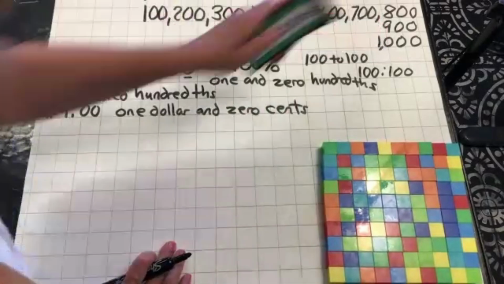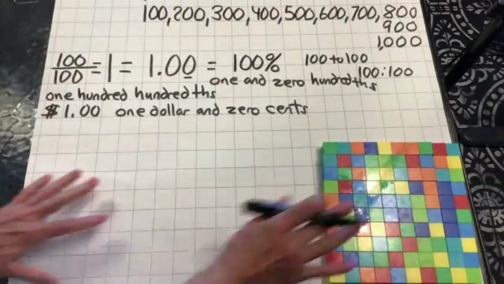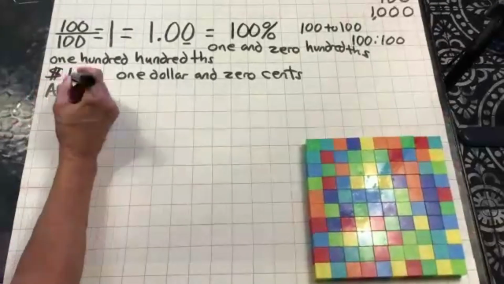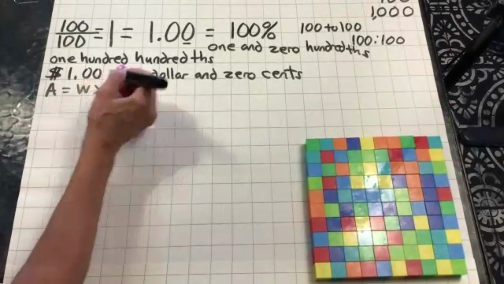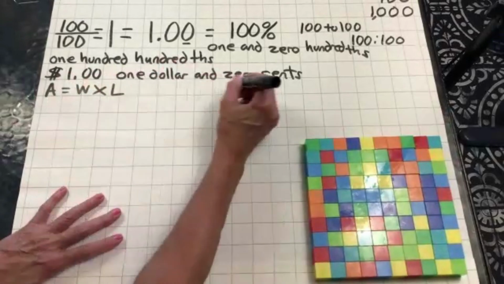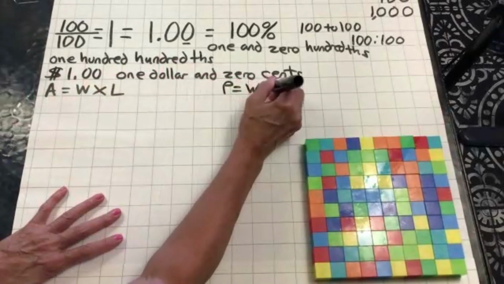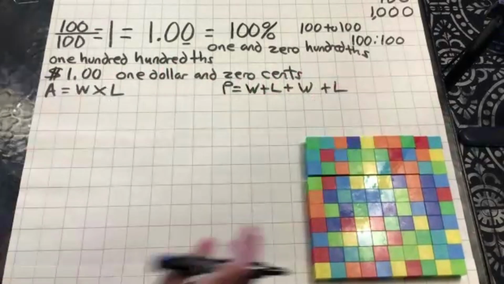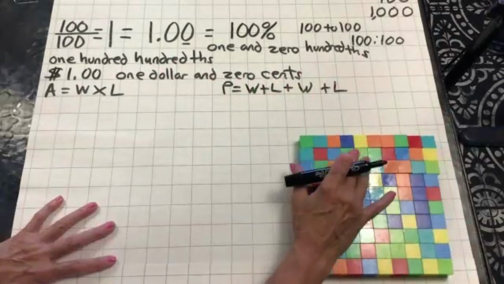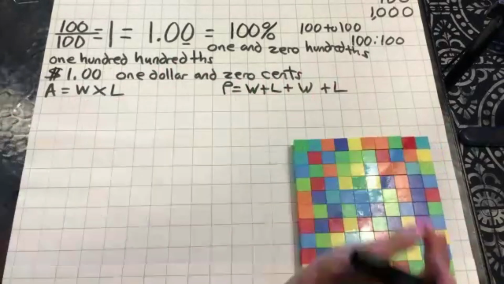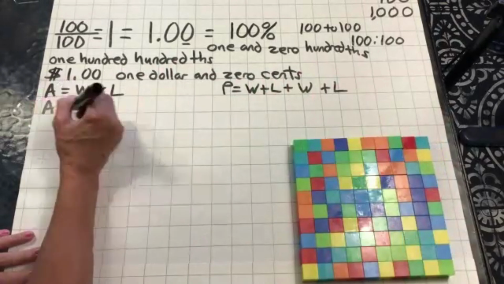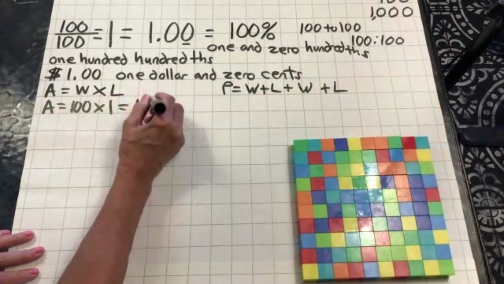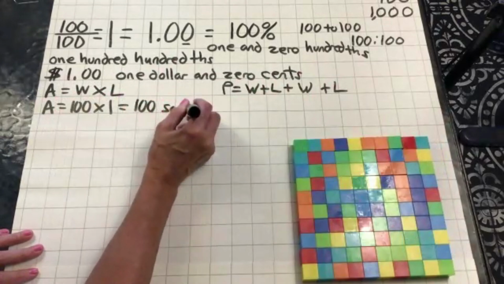All right, let's move on to our next category, which is area and perimeter. Remember, area equals width times length, and perimeter equals width plus length plus width plus length. Now, if I laid all of these cubes out in one row, it would be 100 times 1, which equals 100 square units.